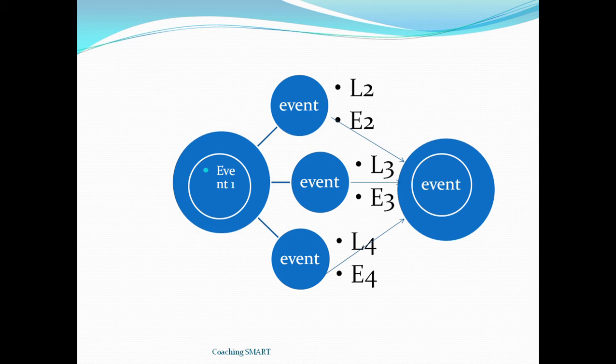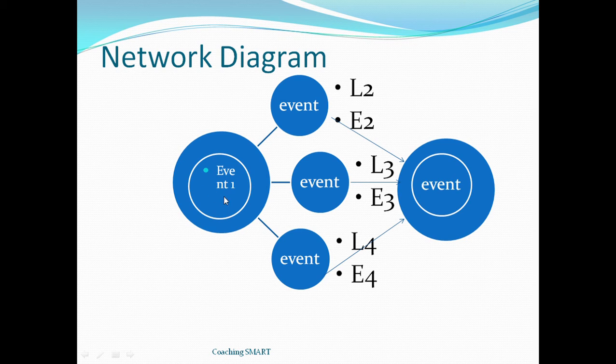Now this is an example of network diagram. Now in a network diagram, we have the starting, which is event 1, then we have event 2, event 3, event 4, and finally the last event. So these are the events which are in circles, which are nodes. Then we have arrows symbolizing the activities. Now I've given E2, L2.